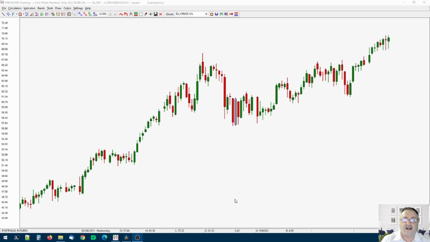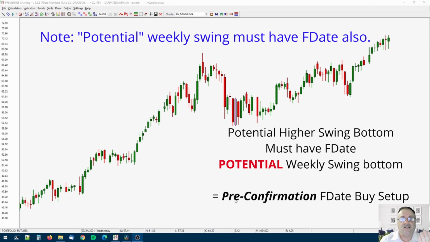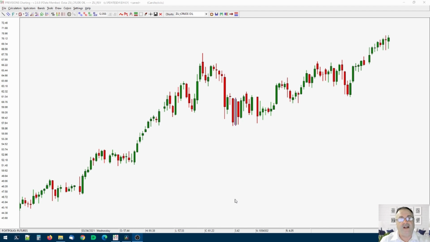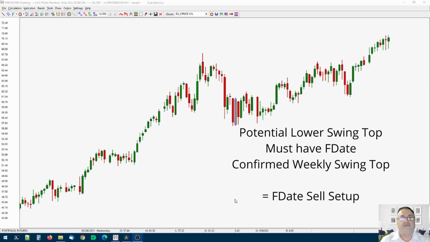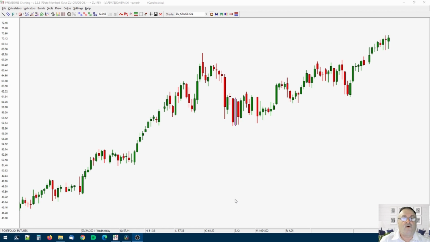And for a sell setup, you don't have that confirmed weekly swing top. Instead, you have a potential weekly swing bottom on the weekly chart for a pre-confirmation buy setup. And for a pre-confirmation sell setup, you have a potential weekly swing top on the weekly chart. There is a video on that. Just look for pre-confirmation setups.